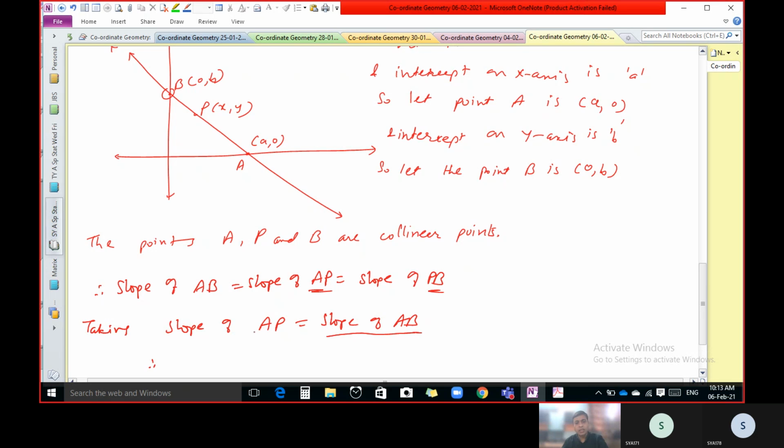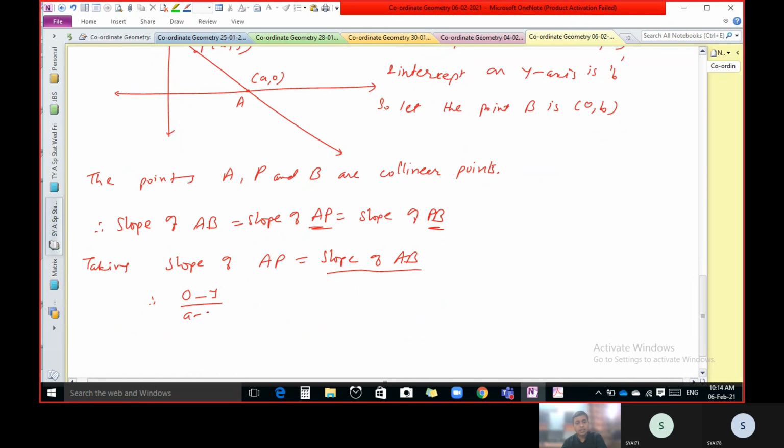Now tell me, see the points A and P and tell me the formula for slope of AP. Slope of AP, we know 2 points A and P. What is the slope? Which formula do we have to use? Minus y upon a minus x. Correct. Now slope of AB.